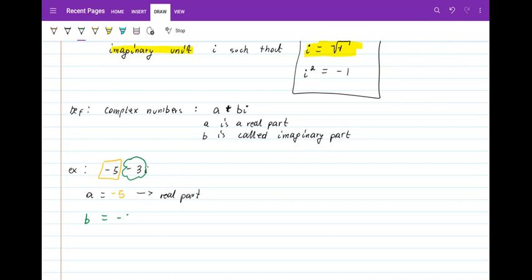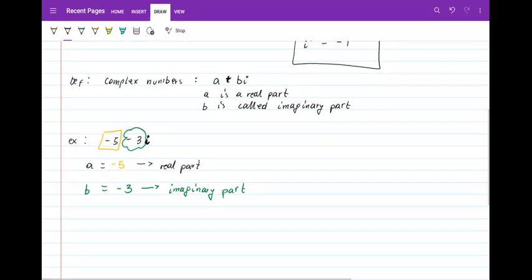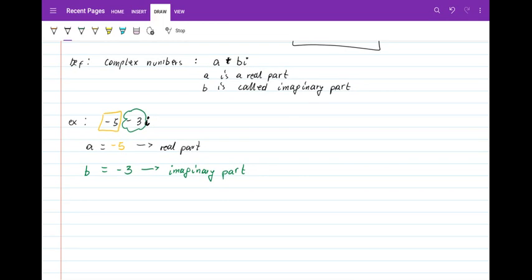So b is equal to -3. This is the imaginary part. It's the one without I, because -3 is multiplied by I, and we know I is just the imaginary unit.